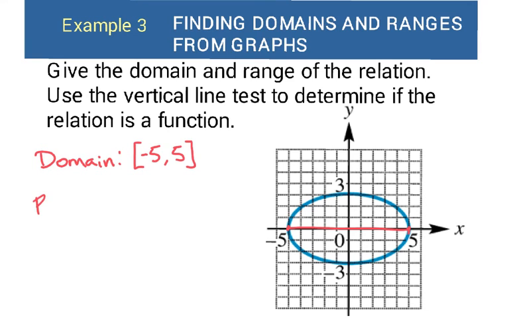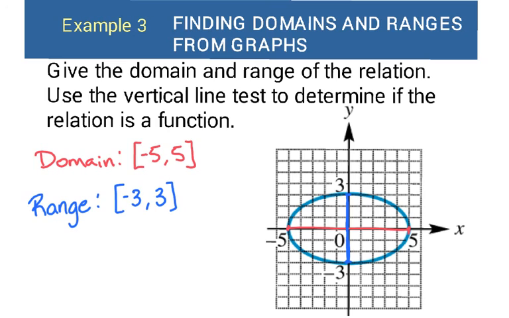And then the range, let's do it from here, goes from 3 to -3 along the y-axis. So the range covers -3 to 3. There's the domain and range in interval notation.